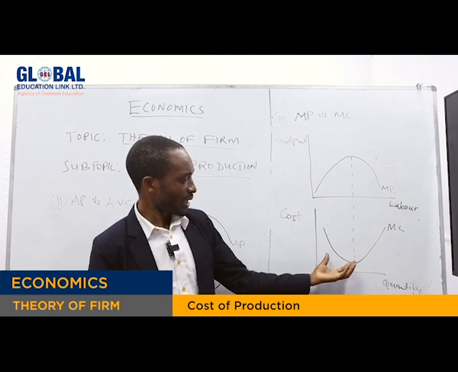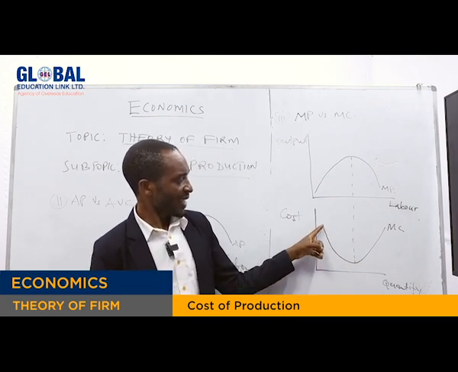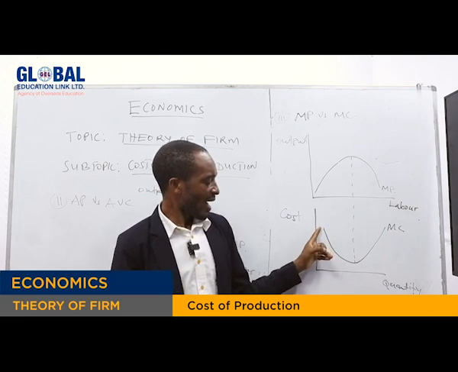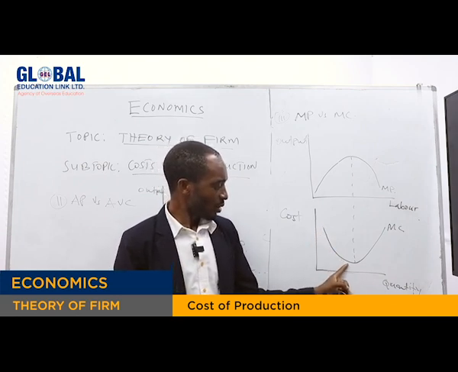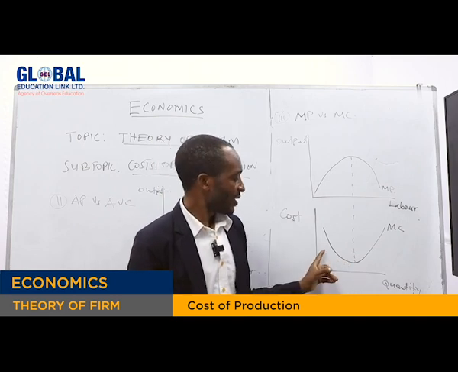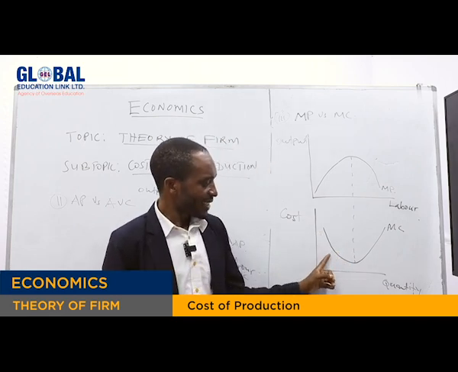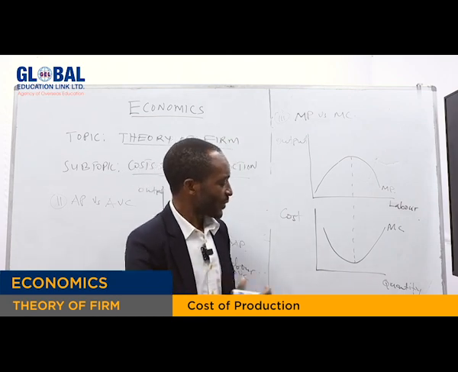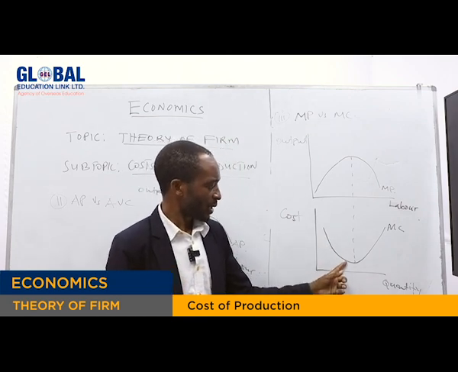Also in this case, as you increase output, we've seen the marginal cost or additional cost decline. If the cost is declining, it means there is an advantage to increasing production, since the cost is falling.